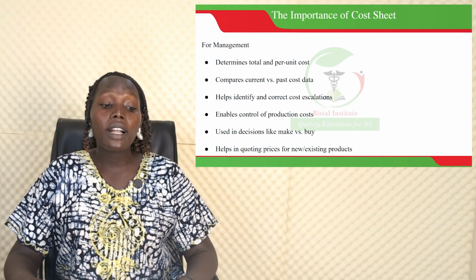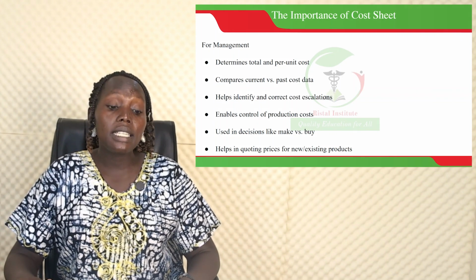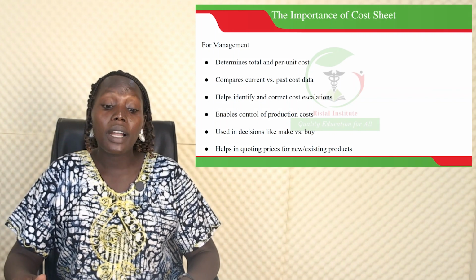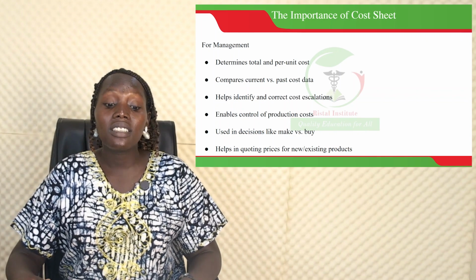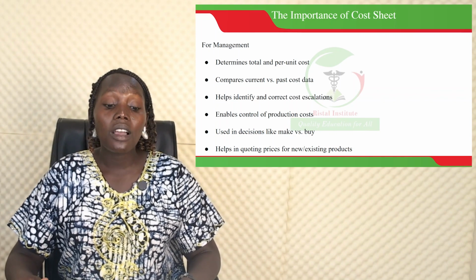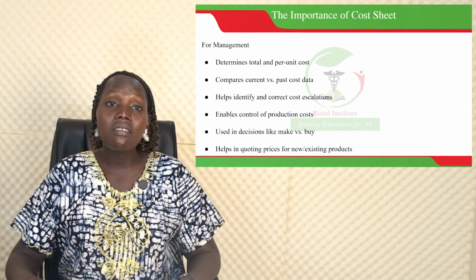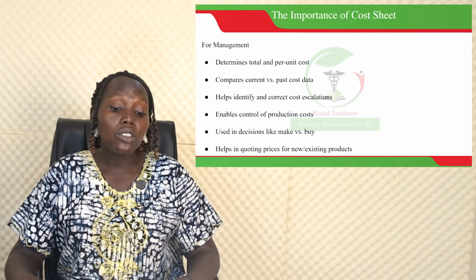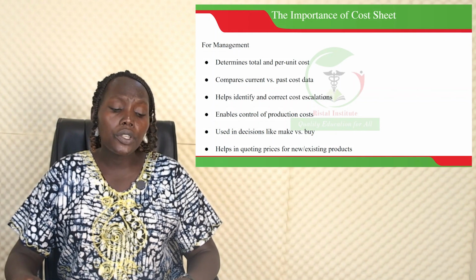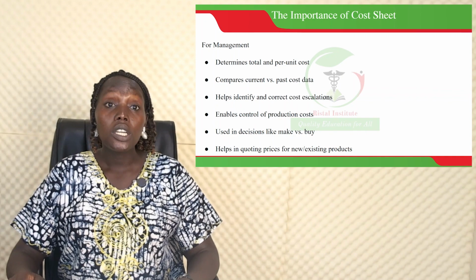So let's look at the importance of the cost sheet for the management. It determines the total and per unit cost, and it compares current versus past cost data. It also helps to identify and correct cost escalation, and it enables control of production cost.